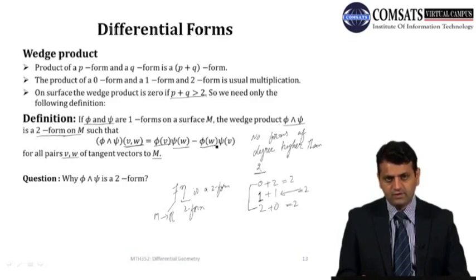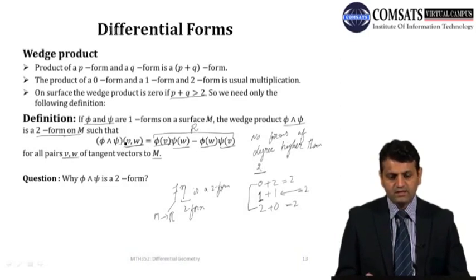What is phi of w? A real number. What is psi of v? A real number. And if we add and subtract all of these, I will get a real number. So basically the first condition we have is satisfied. Phi wedge psi is a function from the pairs of tangent vectors to the surface to R.